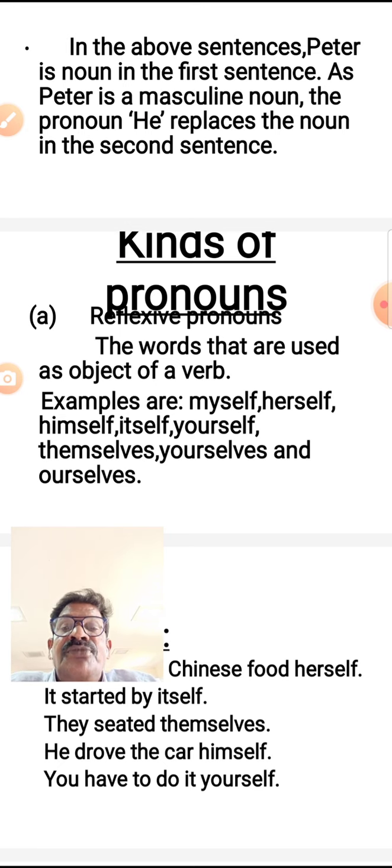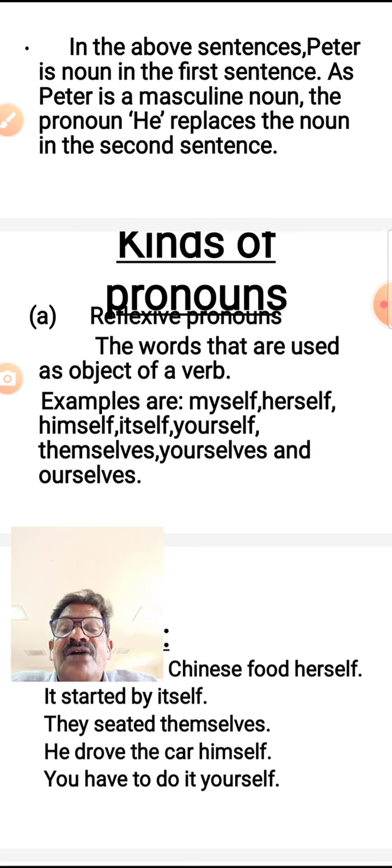So let us come to the kinds of pronouns. Reflexive pronoun. What exactly is the definition of reflexive pronoun? The words that are used as object of a verb.